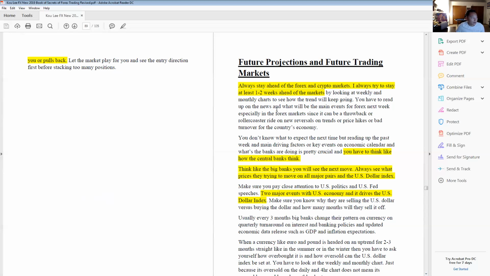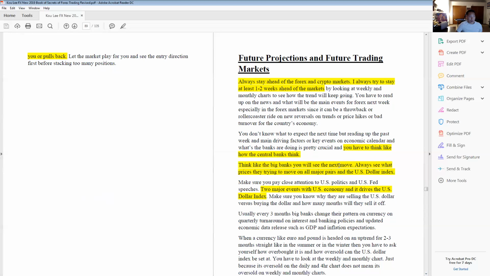So, like I said, I talk a little bit about future projections and future trading markets because this is something that you have to think like how the central banks think. Think like the big banks so you can see the next move for yourself. Prices are going against the dollar. The dollar's a sell. How long are they going to sell the dollar?